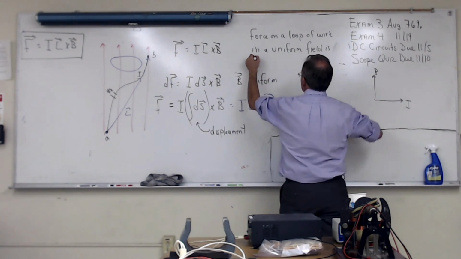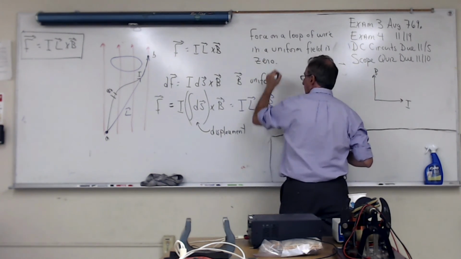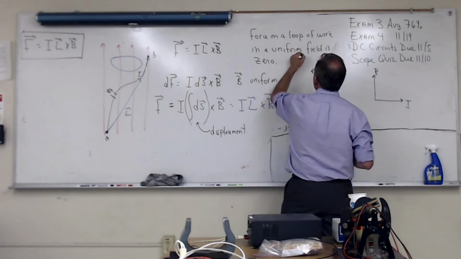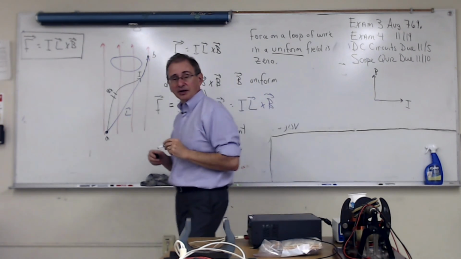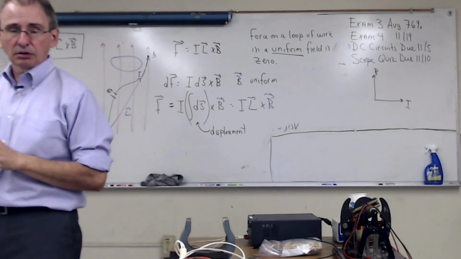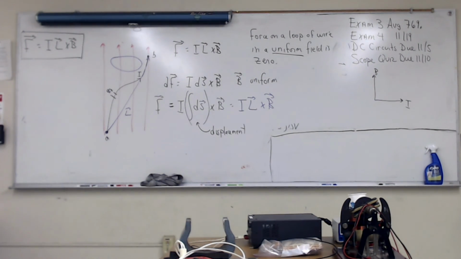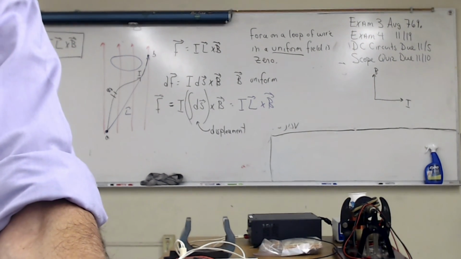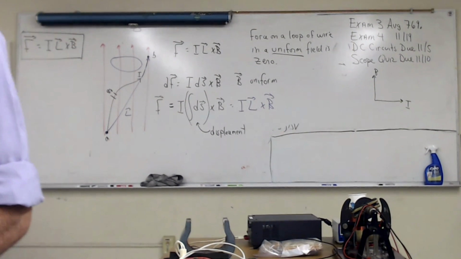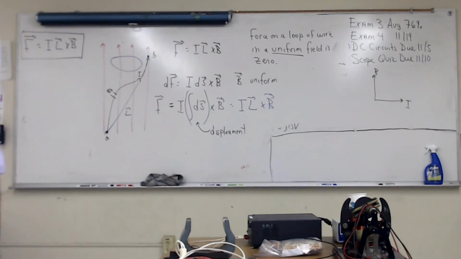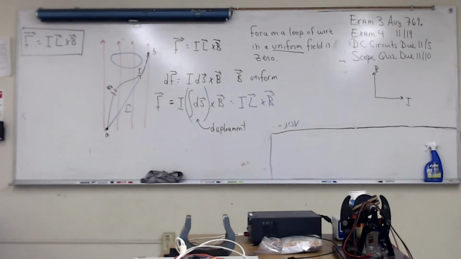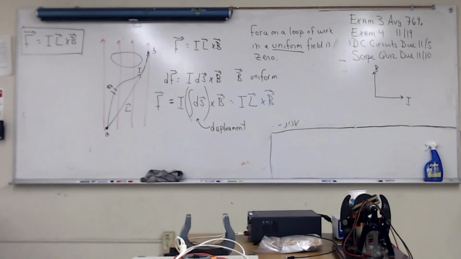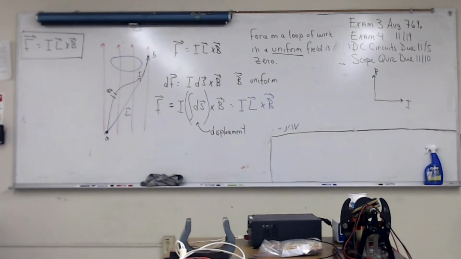I'll just write the word out. Remember, uniform. If the field is not uniform, that's not true. So that's something you need to remember. That's a uniform magnetic field, specifically.